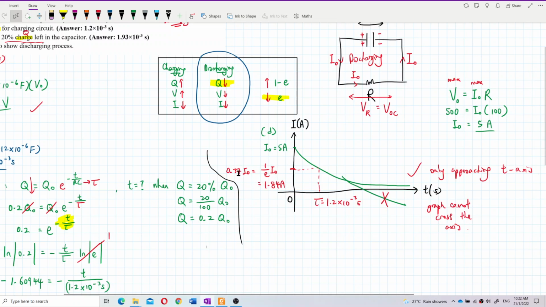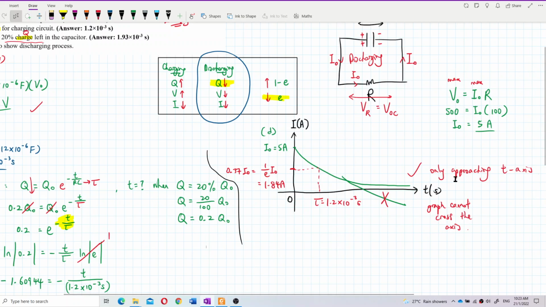So the value of current at the time constant is actually 1.84 ampere, or 0.37 I naught, or 1 over e times I naught.